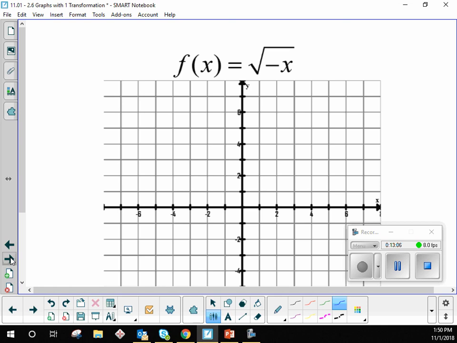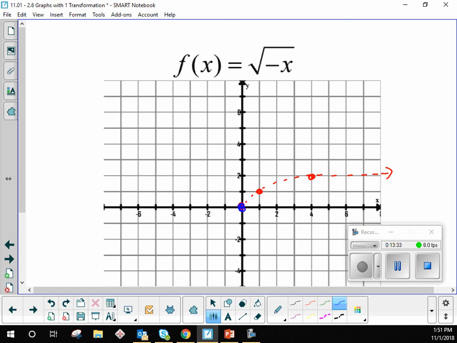The parent function is 0, 0, 1, 1, and 4, 2, because those are easy square rootable points. The y values are staying the same. It's the x value we're taking the opposite sign of. So 0, 0 doesn't change.